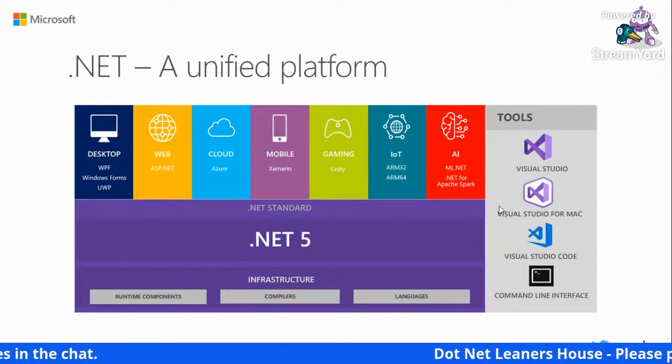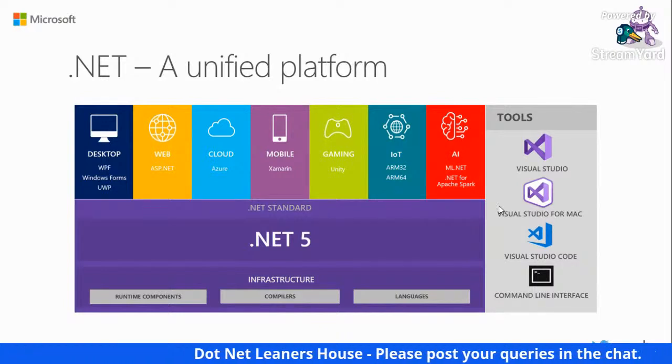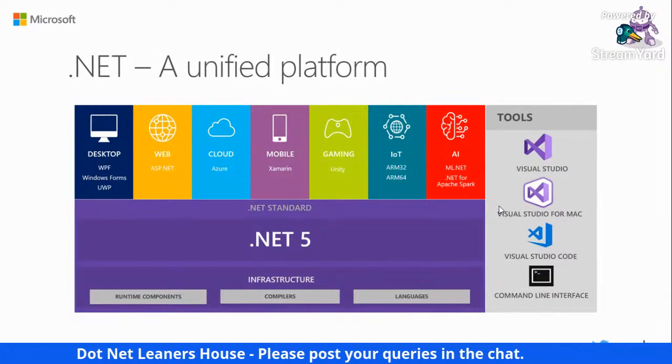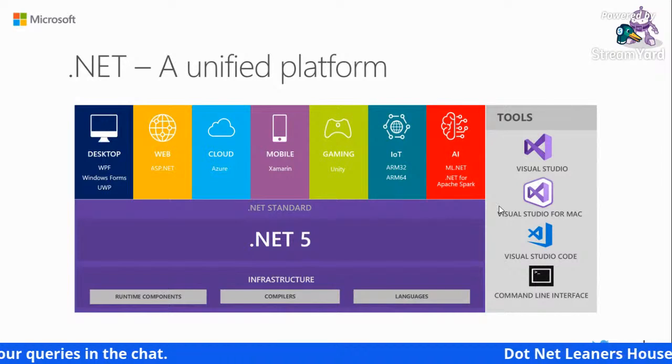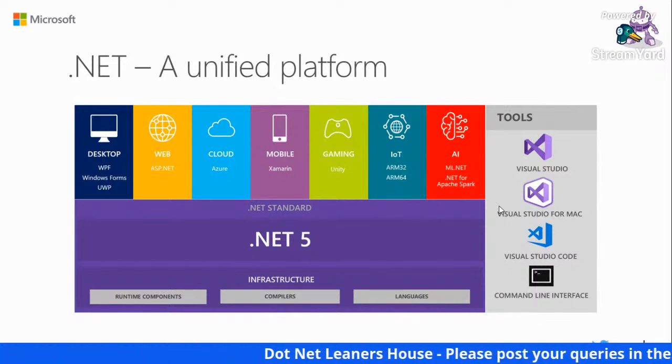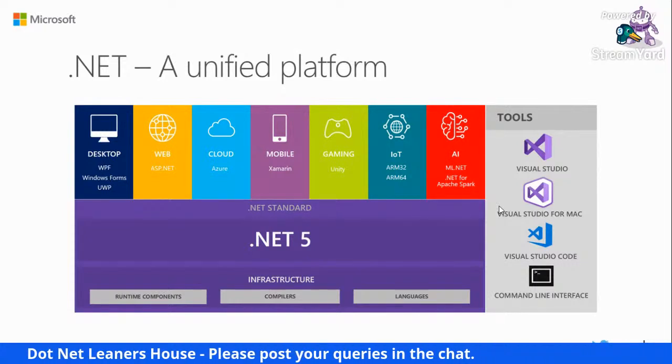And hereafter, you don't have to worry about migrating your application from Framework to Core. But if you want to migrate your .NET Framework application to .NET 5, it will also take some effort. It's not a direct thing. If you are migrating a .NET Core application to .NET 5, I think it will be easier. But from .NET Framework to .NET 5, there will be some effort, because .NET 5 was built upon .NET Core.